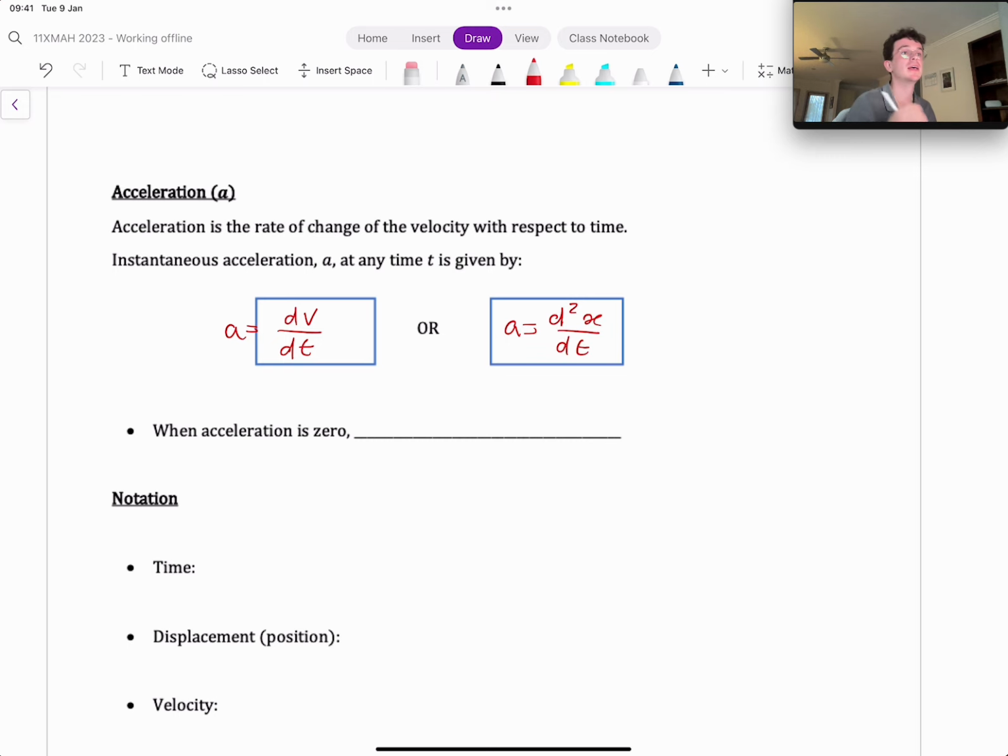And we say acceleration is equal to d squared x over dt squared. We do pronounce it a bit funny. We don't say d squared x to t squared. We say d two x dt squared. Now when your acceleration is 0, your velocity is at a maximum or a minimum.